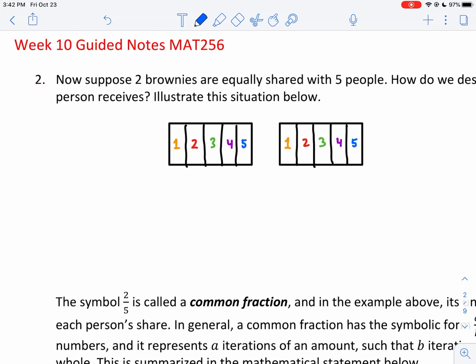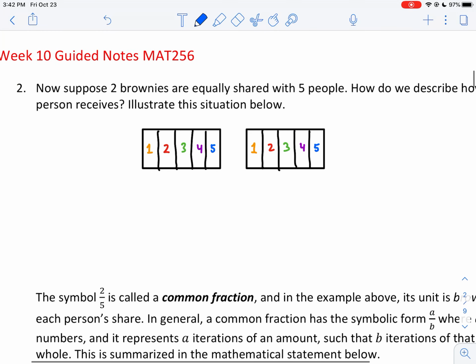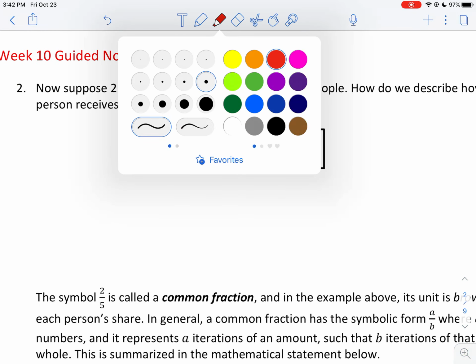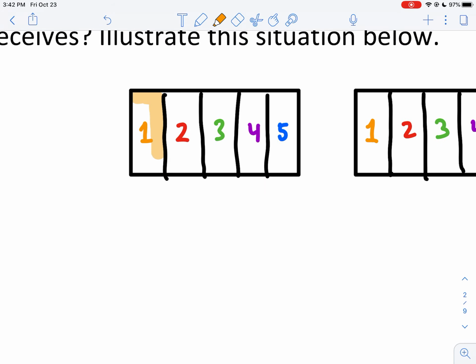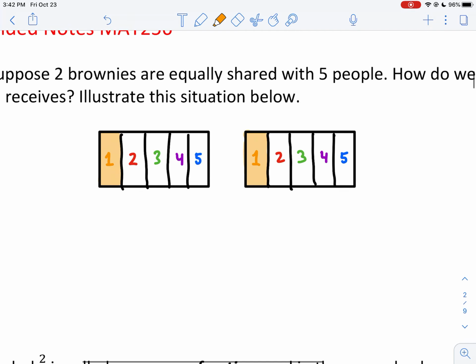But our focus now is how do we represent how much one person gets. So I'm going to highlight what one person gets. Let's say person 1. It doesn't matter which person we focus on, because they all get the same amount. Here's what portion of each brownie person 1 gets.